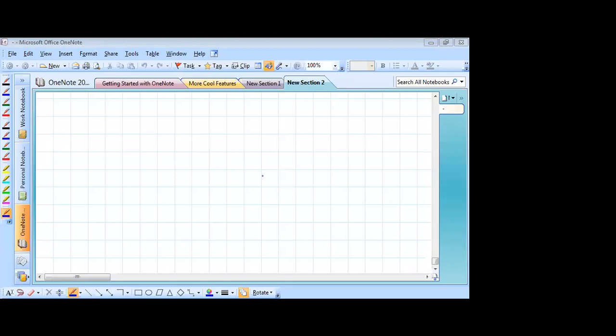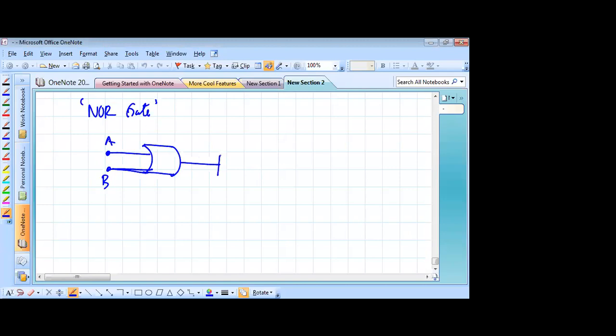Okay, so for example, now using these basic gates, if you want to implement something like the NOR gate, all you do is you take an OR gate, input A and B into this, and the output of the OR gate is now put through a NOT gate.